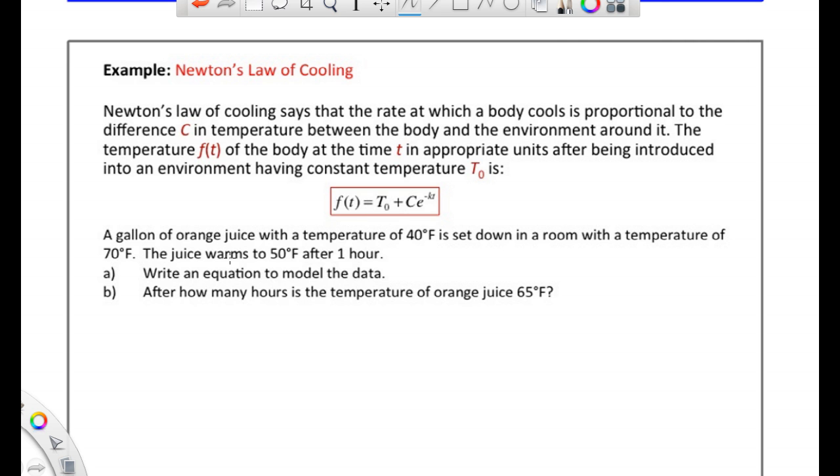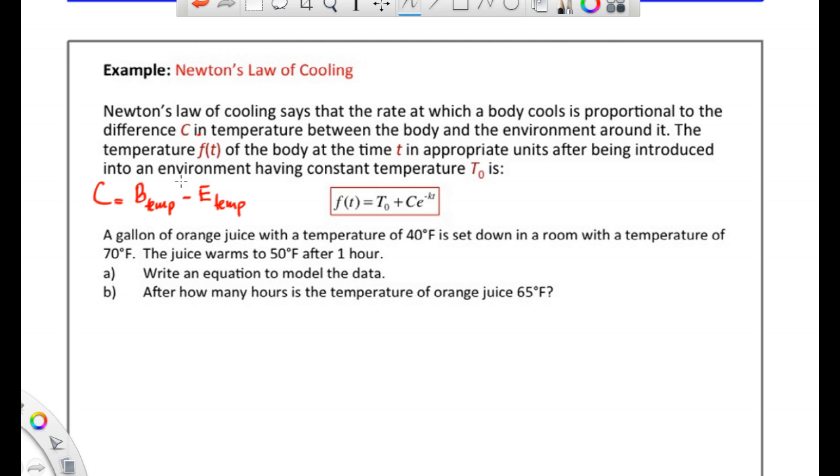So C is, it says here, the difference in temperature between the body temp, whatever that means, and the environment temp. In this case, it looks like we're considering the body the gallon of orange juice.